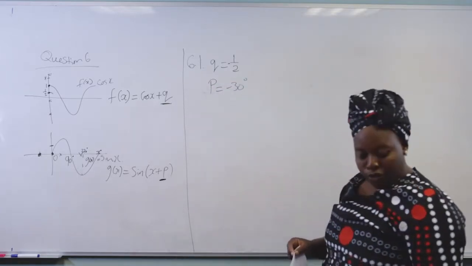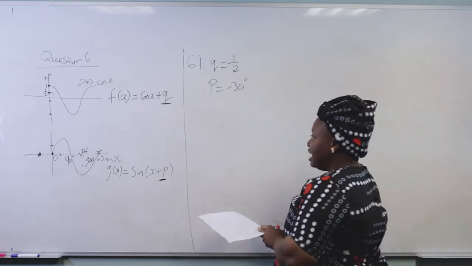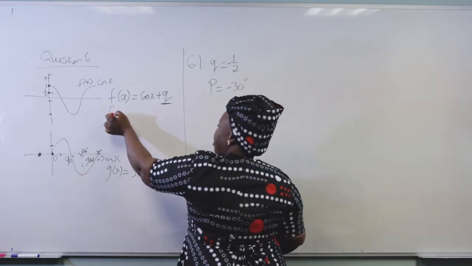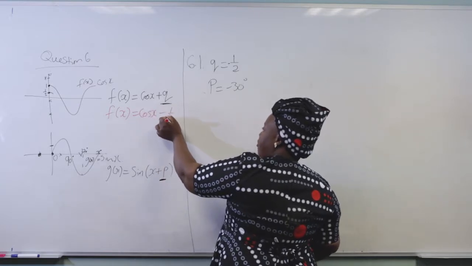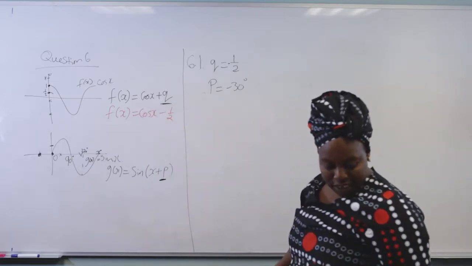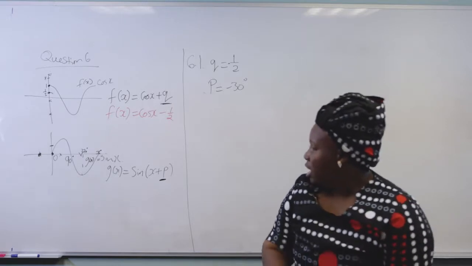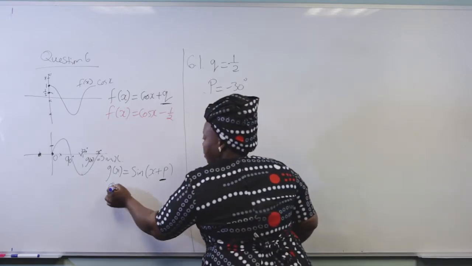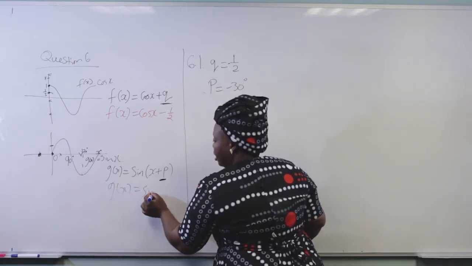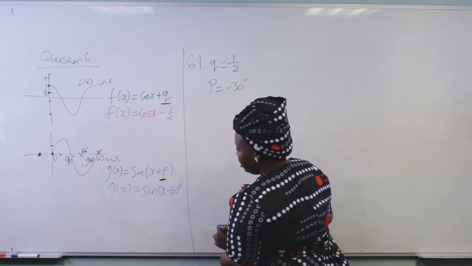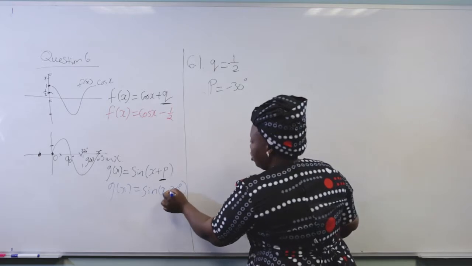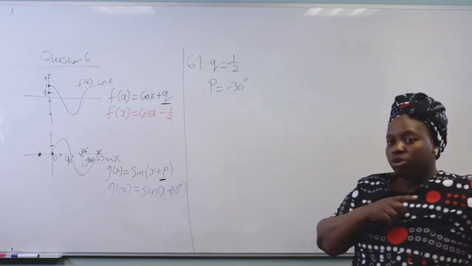So in terms of your equation, you are going to rewrite it in a different manner: f of x equals cos x minus a half. And the other one for sine, g of x equals sine of x minus 30. No, plus 30, because it's going to the left.